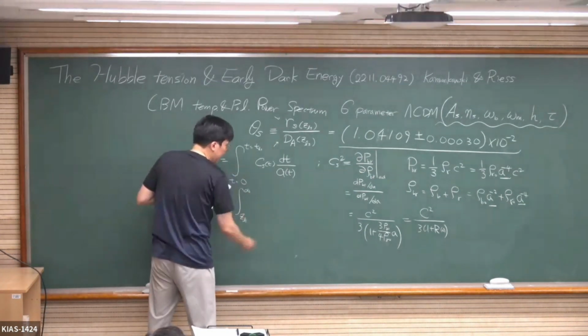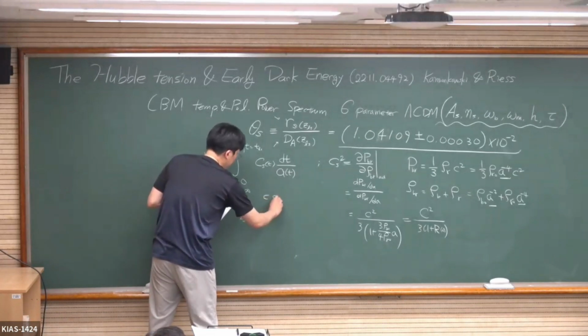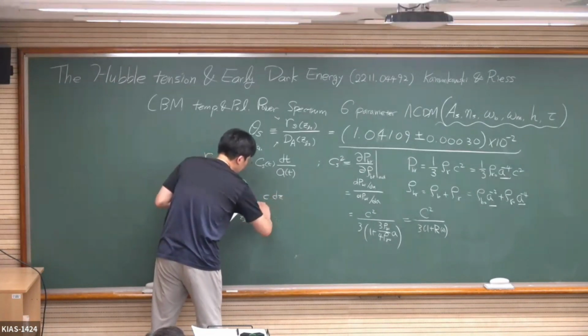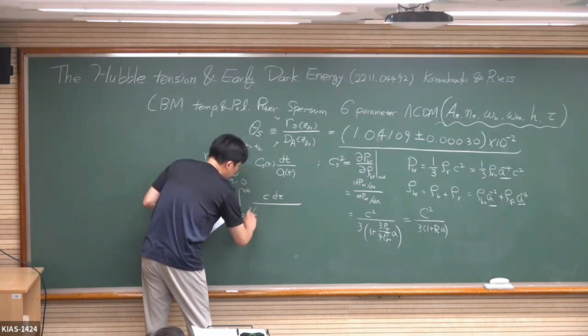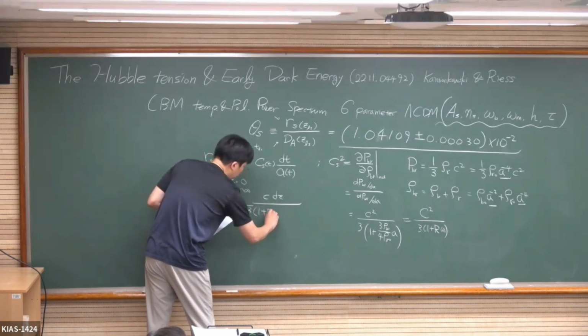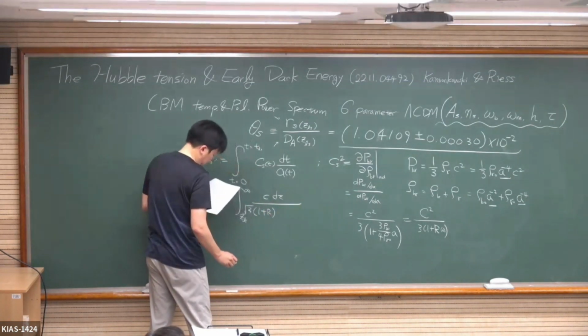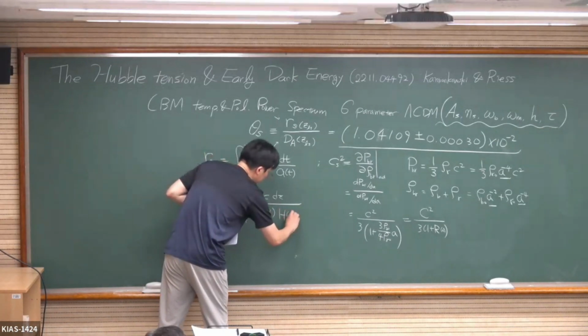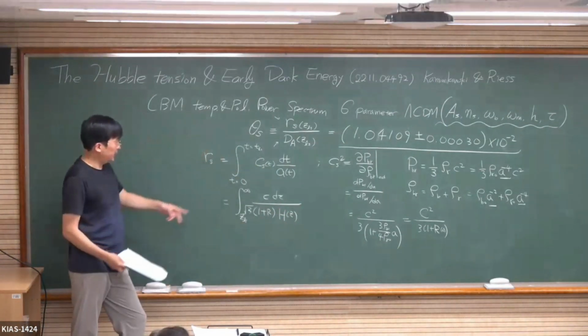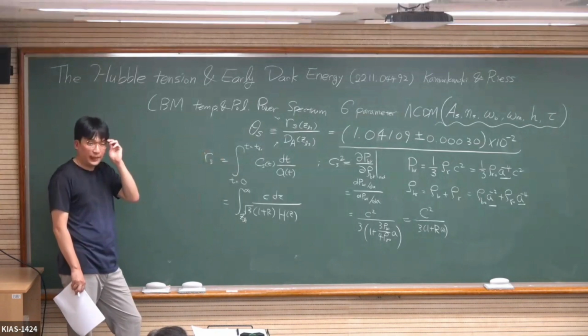And c_s is that, so it is integral of c dz over square root of 3, 1 plus R, times H. So that is the sound horizon size.